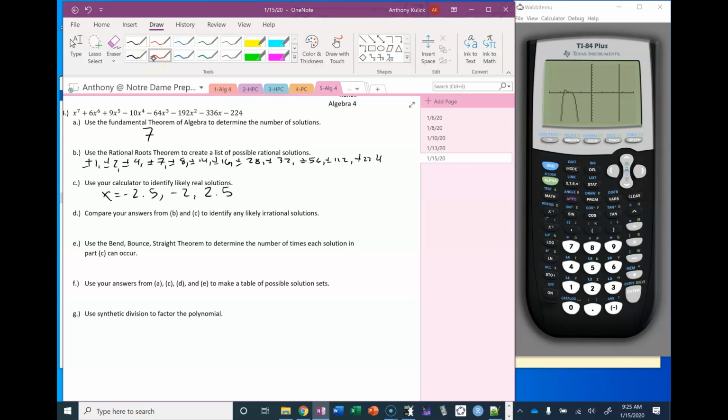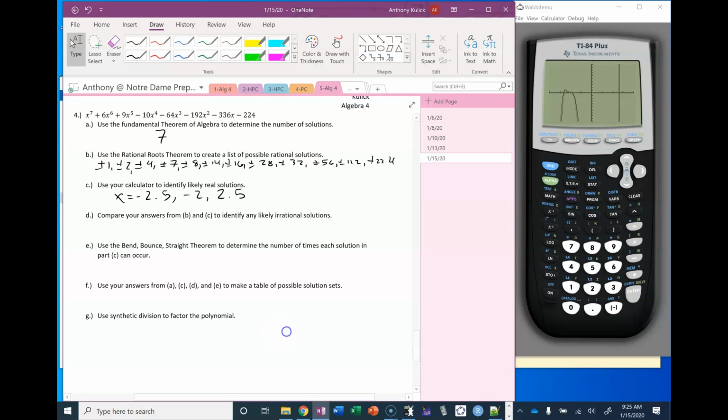Are any of these irrational or likely to be irrational? Yeah, the decimal ones are. Because if I look at my list up here, I have no fractions at all. So the ones that I can see that are clearly decimal, I know are going to be irrational. Everybody good with that? Okay.